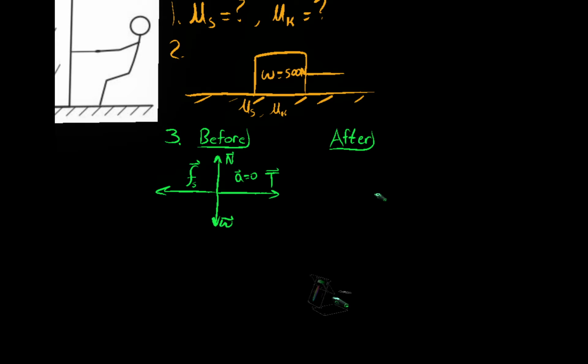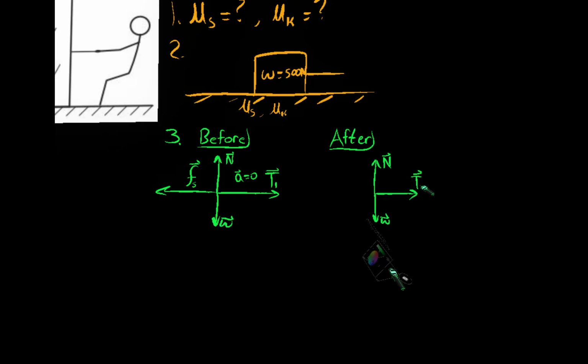But after, then we have something different. So we still have the weight. We still have the normal. We still have the pull, but it's less. So actually we'll do T1 here, fine. T1, and T2. Or you could do T before and T after. How about that? T after. Well, that kind of looks like A and B, which would go the other way.